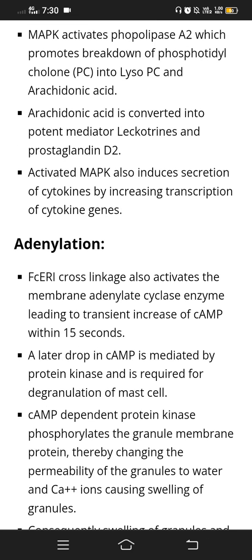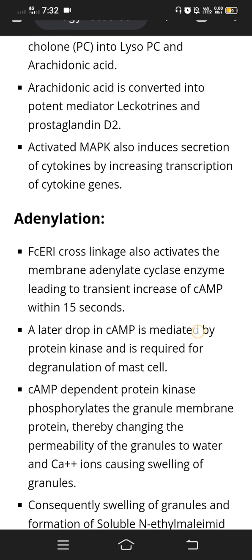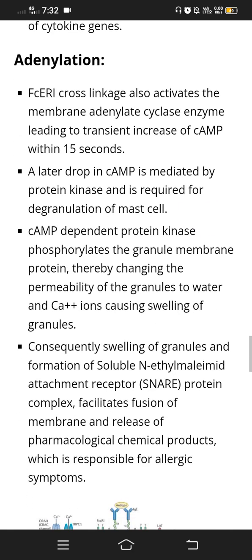Then adenylation. Fc epsilon RI cross-linkage also activates the membrane adenylate cyclase enzyme, leading to a transient increase of cAMP within 15 seconds.